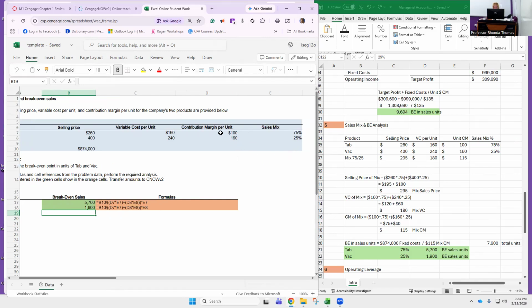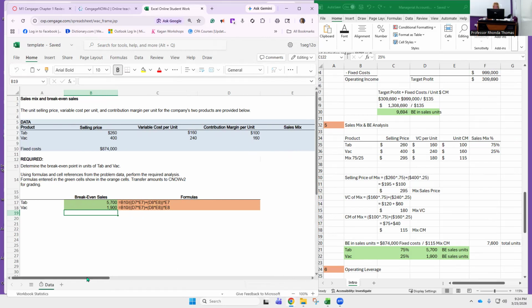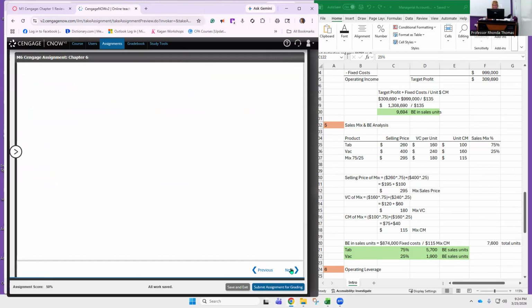So we took this times 75% plus this times 25% times 75% of the whole thing. So remember, our break even is 7,600 in total units, and 75% of that is going to go to tab, and 25% of it is going to go to VAT. Okay, so I got 5,700 and 1,900. That one took a little bit. Okay, closing and moving on.